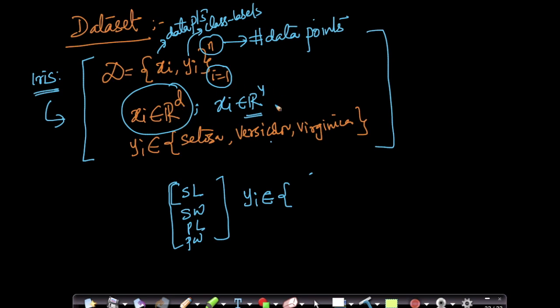In the case of iris, it's R4, which means it's a four-dimensional vector, again a column vector, which consists of sepal length, sepal width, petal length, and petal width. And yi now belongs to one of the three types of flowers. We have either setosa, versicolor, or virginica. This is one way of representing a data set. There are other ways. We'll see one other very useful way of representing a data set, but this is one way of representing it.